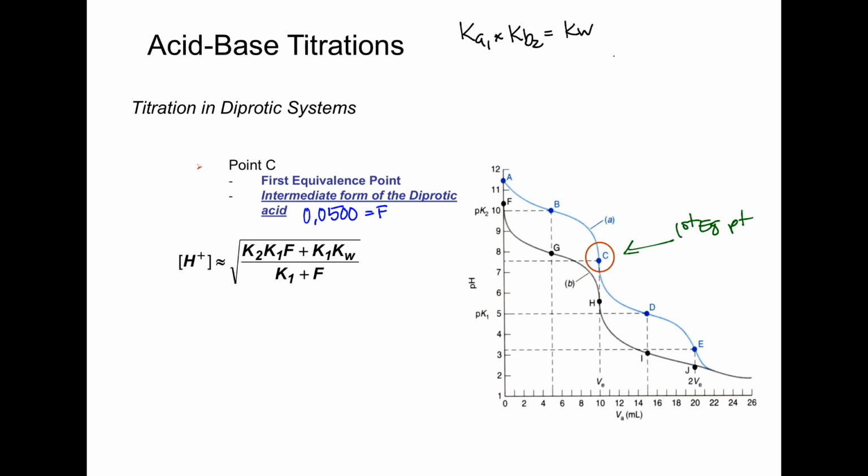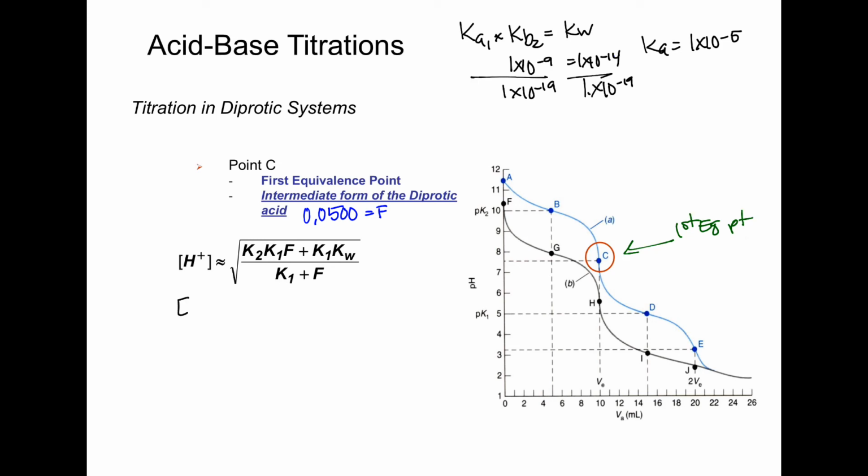I have Kb2, it was 1 times 10 to the negative 9. This is 1 times 10 to the negative 14. So if I divide both sides, I get that Ka1 is equal to 1 times 10 to the negative 5th. Okay, so now we have everything that we need to put into this equation.